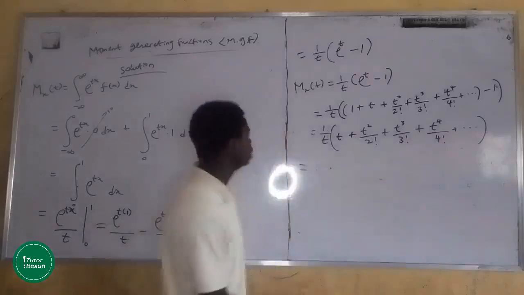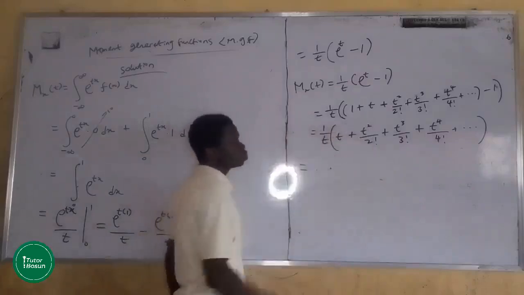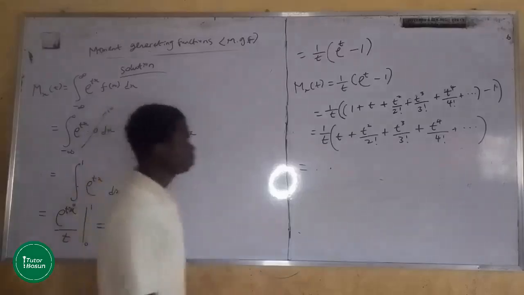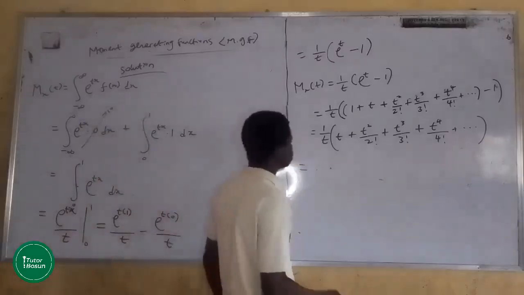So similarly you can use 1 over t to multiply this expression.